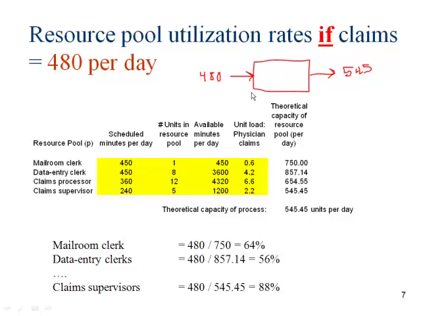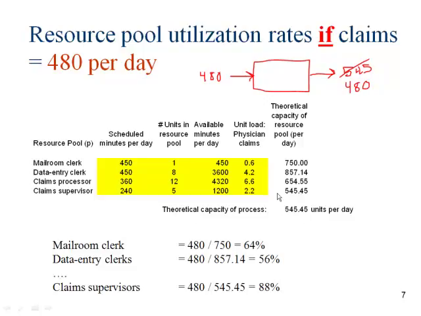Well, we can't produce additional claims within the process. That's not the point. So even though our theoretical capacity is 545, in actuality, if we have 480 claims coming in per day, that will be the flow rate out of the process. And we will have what we call a steady state process.